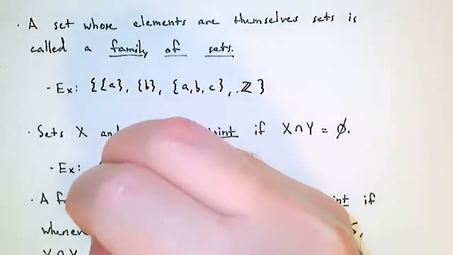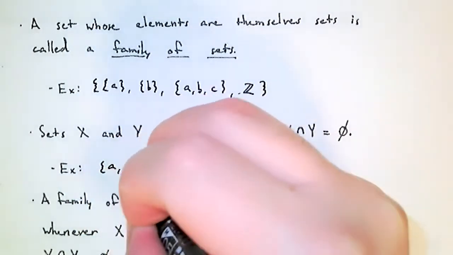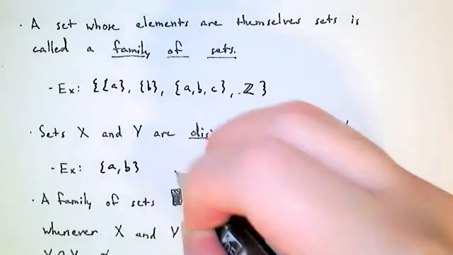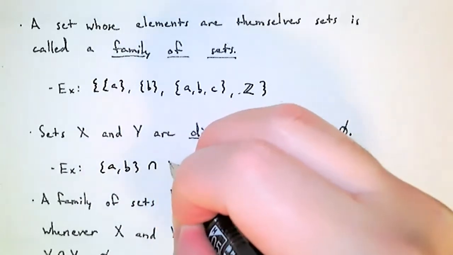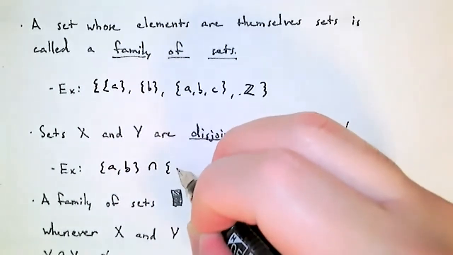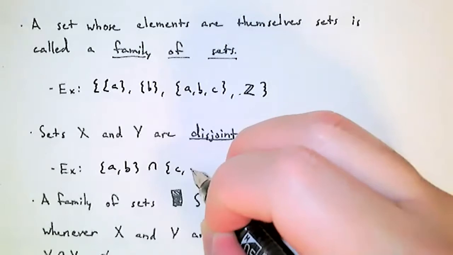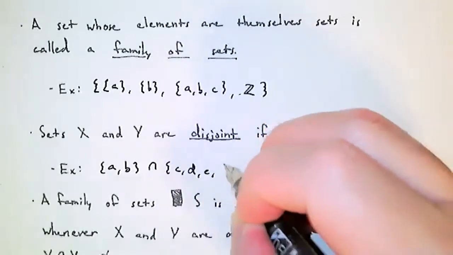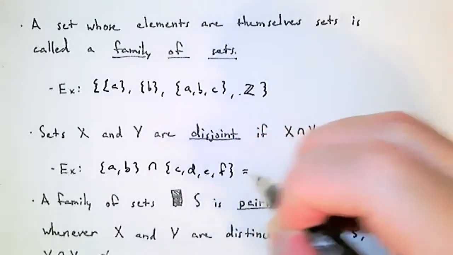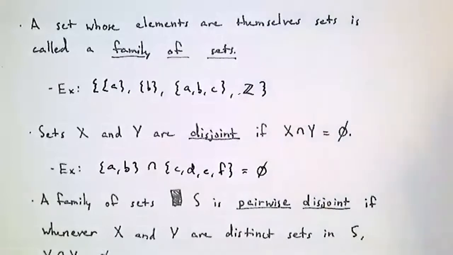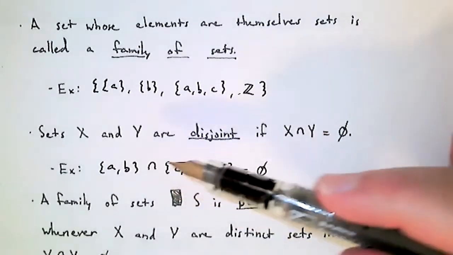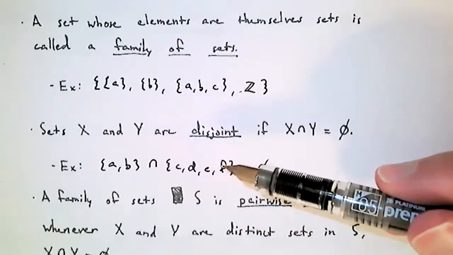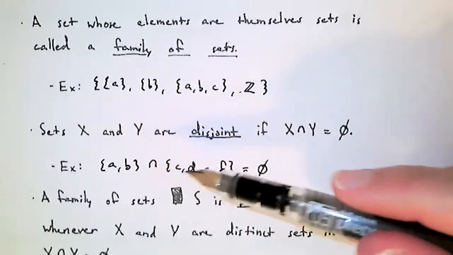For example, the set with A and B intersected with the set containing the next few letters, maybe C, D, E, F, is equal to the empty set because they don't share any letters in common. And that means they're disjoint.